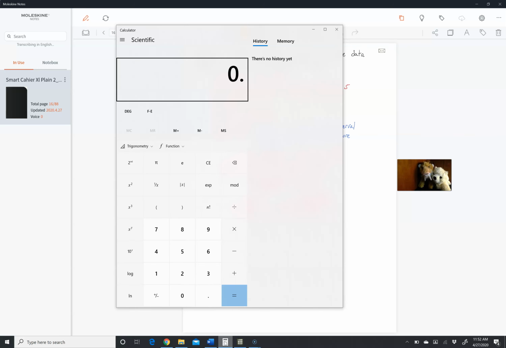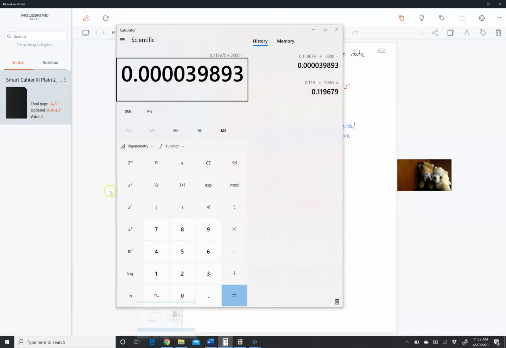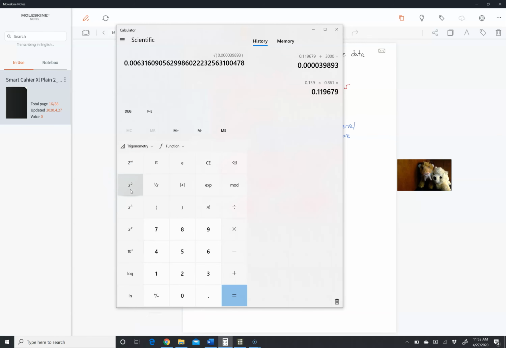Okay, so we're doing 0.139 times 0.861. Okay, we're dividing that by 3,000. That's p hat q hat over n, with n being 3,000. Now we have to take the square root of that. So we have second, and then we have square root.